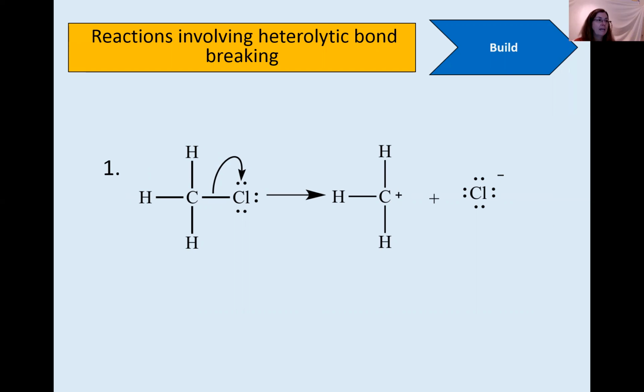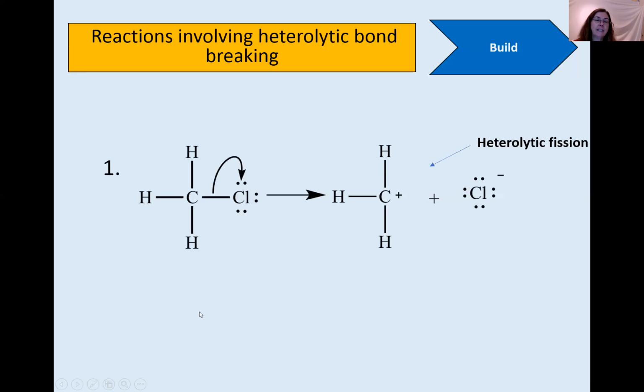But suffice to say that the bottom of the arrow shows where the electrons are in a bond, and it shows where they're going to move to before they move. Then after our reaction arrow, those electrons have moved and the bonds have broken, or the bonds have been reformed. But I will go through that in a later lesson. If you want to find out, then you can always YouTube it.